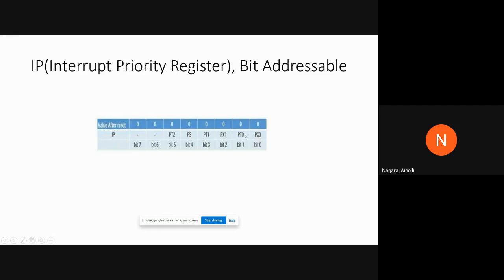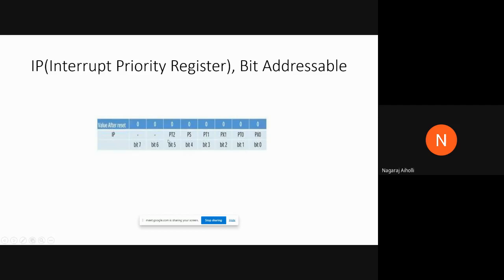Similarly, we set PT0 equal to 1 if we want the timer 0 overflow interrupt to have higher priority than the other interrupts. Then bit 0 is PX0, which defines the priority level of external interrupt 0. If PX0 is equal to 1, then external interrupt 0 will have higher priority than the other interrupts. So this is the bit format of the interrupt priority register.